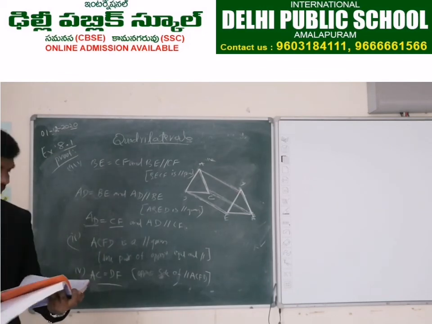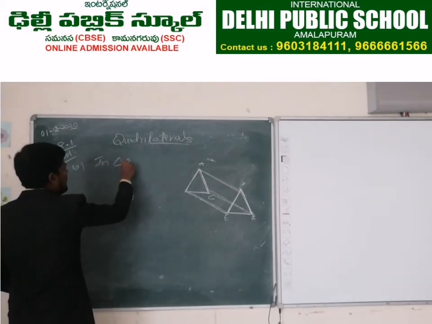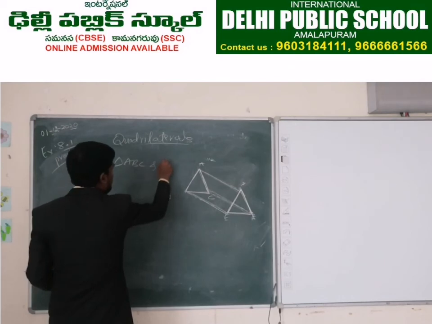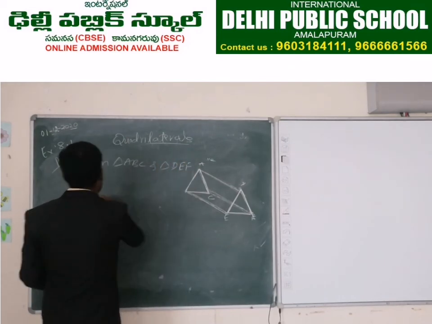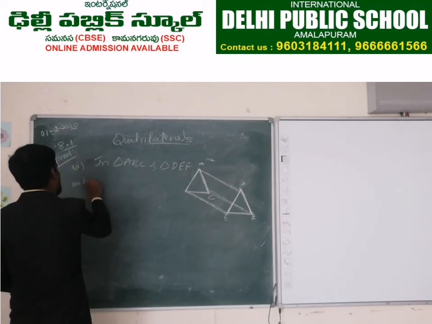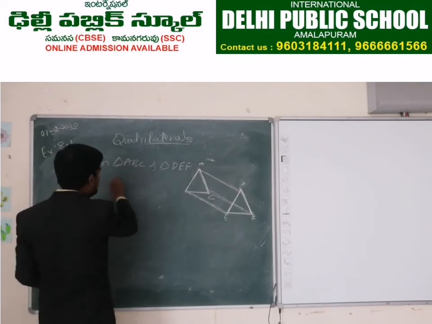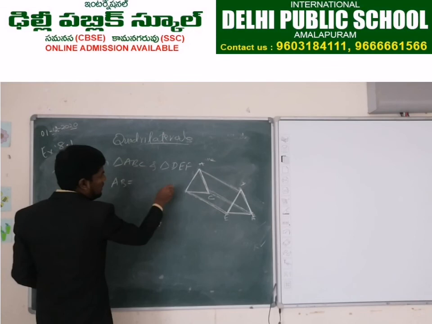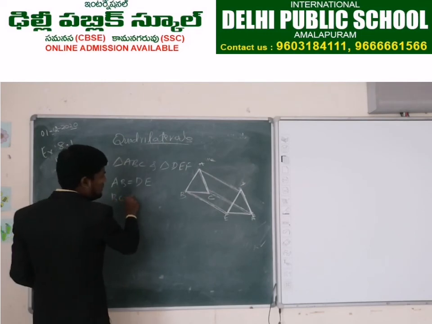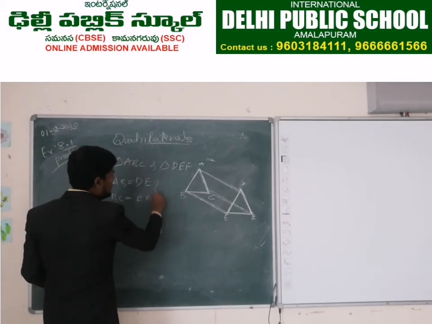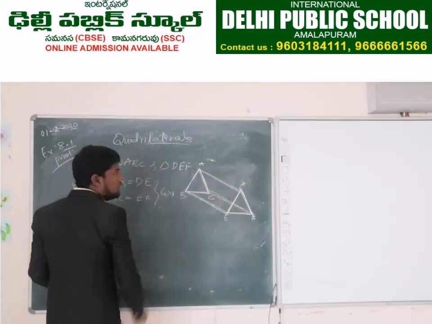Okay, write down. In triangle ABC and triangle DEF, we have, what is that we have? AB is equal to DE and BC is equal to EF. This is given, right?